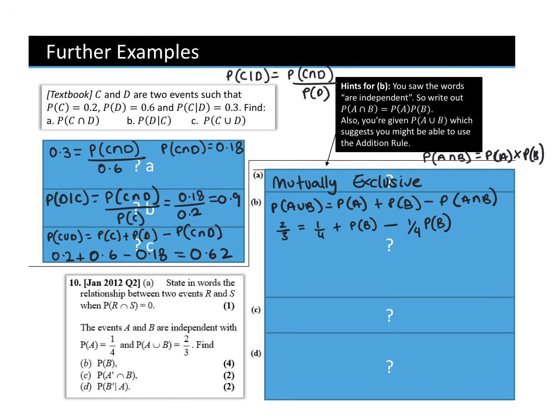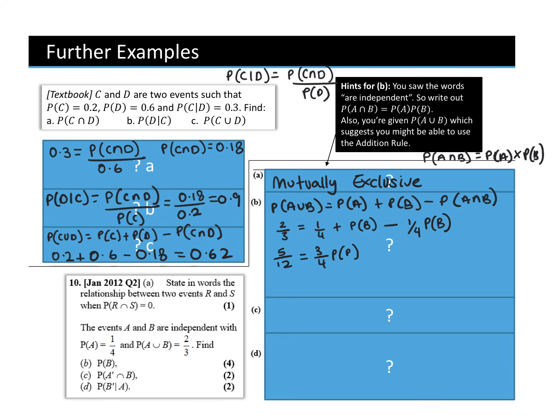I'm now going to rearrange and simplify. 2/3 minus a quarter is 5 over 12. Probability of B minus a quarter probability of B is 3/4 probability of B. Times by 4, 20 over 12.